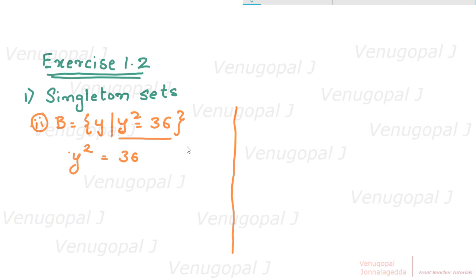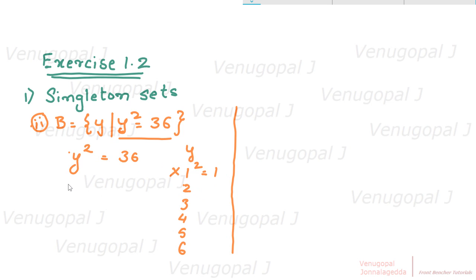So let's take these values: y equal to 1, 2, 3, 4, 5, 6. If y is equal to 1, then it is 1 squared, which is 1, so 1 is not equal to 36, so this is gone.